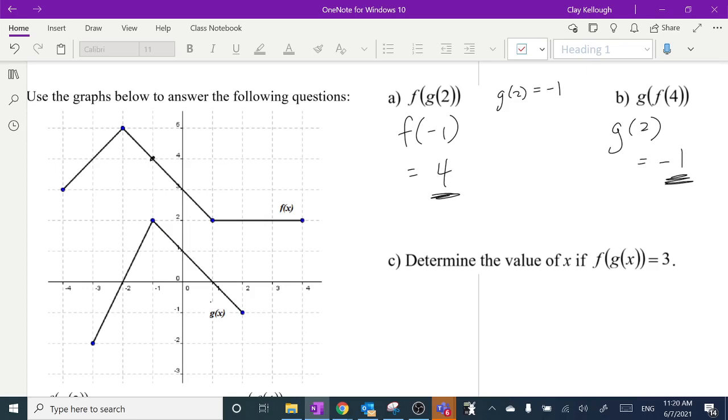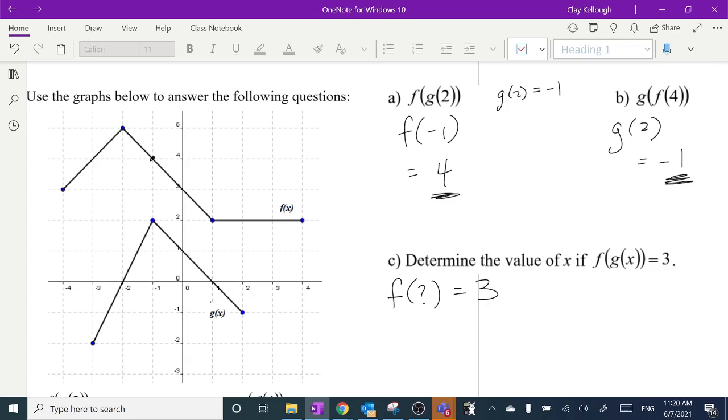Next, what is the value of x if f of g of x is 3? Ooh, thinking backwards. So I know the output to f of g of x. In other words, this is kind of asking the question in two steps. The first step is, what's the input that gives us an output of 3 from the f function?